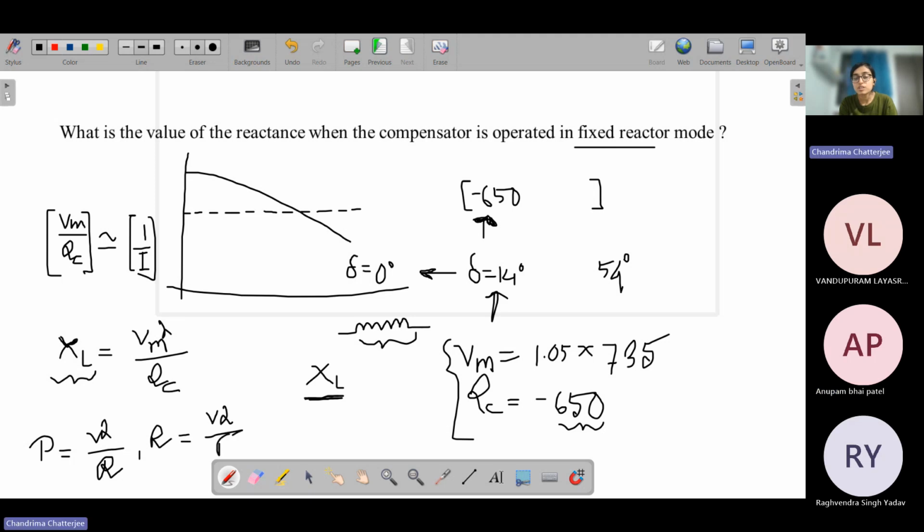You will not do V by P. Understand? Yes, ma'am. So the dimension of Q and P are similar. Both of them are power. One is active power, another one is reactive power. So whenever you have to find the reactance, you will have to do Vm square by QC, not V by QC. Okay, this is wrong.